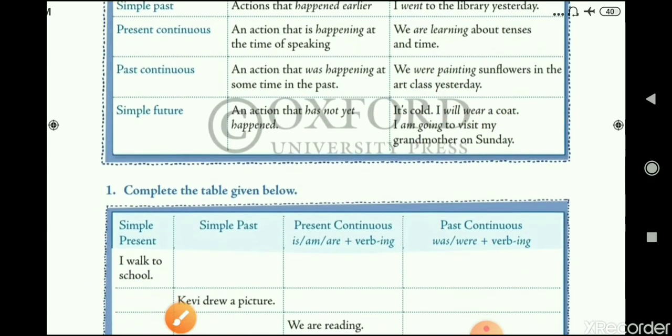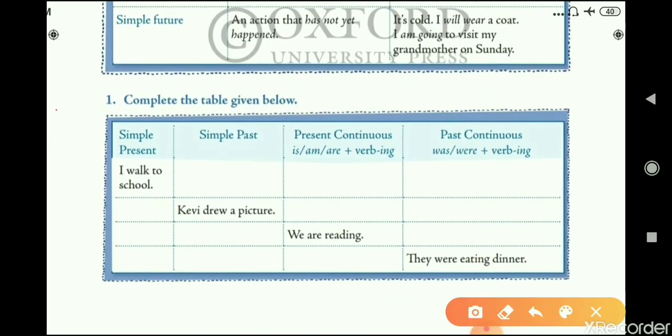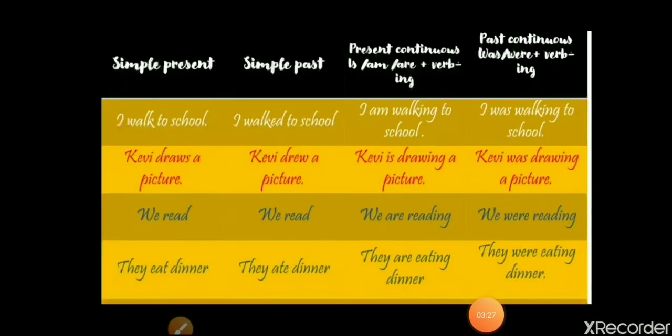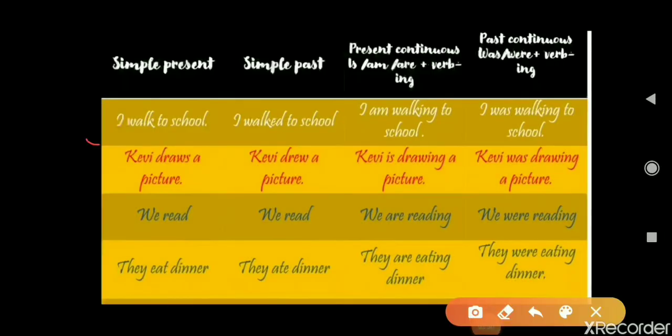Now let's complete this exercise. Complete the table given below. Here you can see a few sentences are given and the remaining we have to complete. Okay. First one is I walk to school, simple present. Then simple past, I walked to school. Here walk and here the form is walked. Now present continuous.